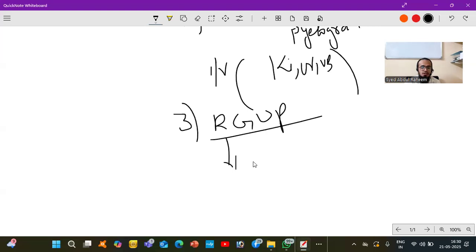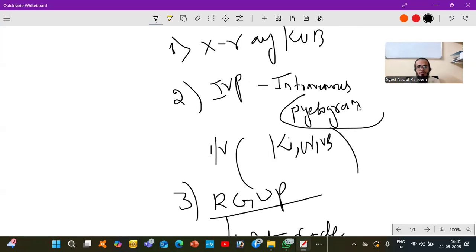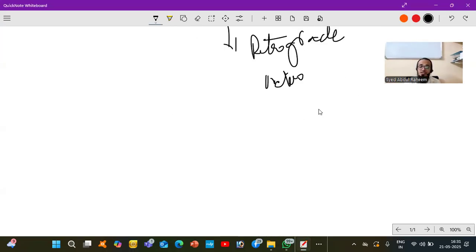RGUP stands for retrograde urethrogram, where the P is common. So what we have to do is visualize the urethra.